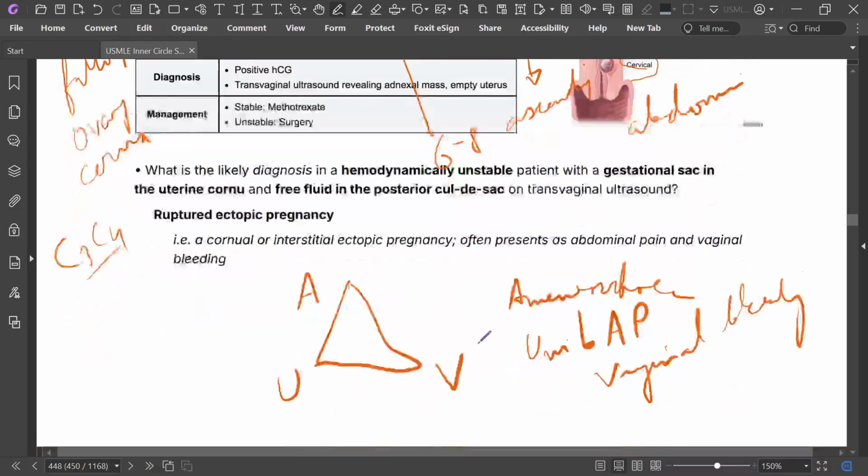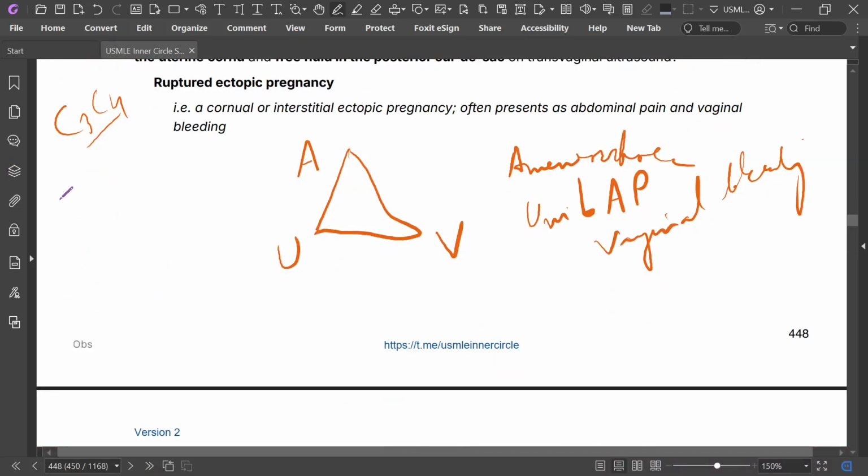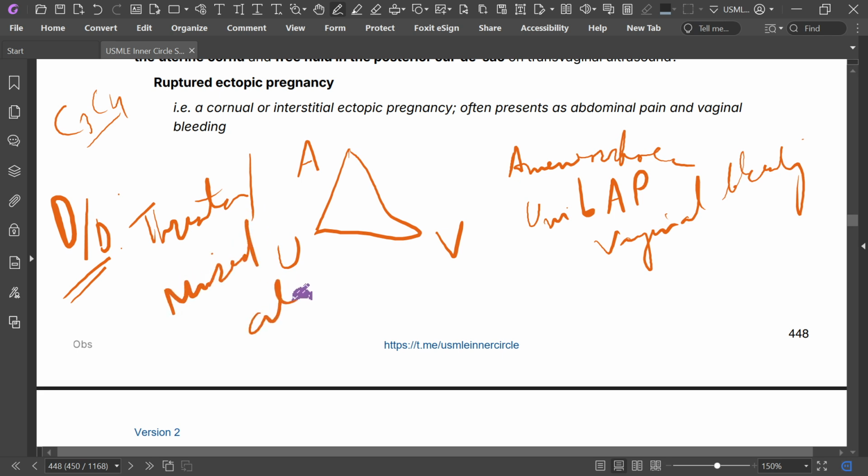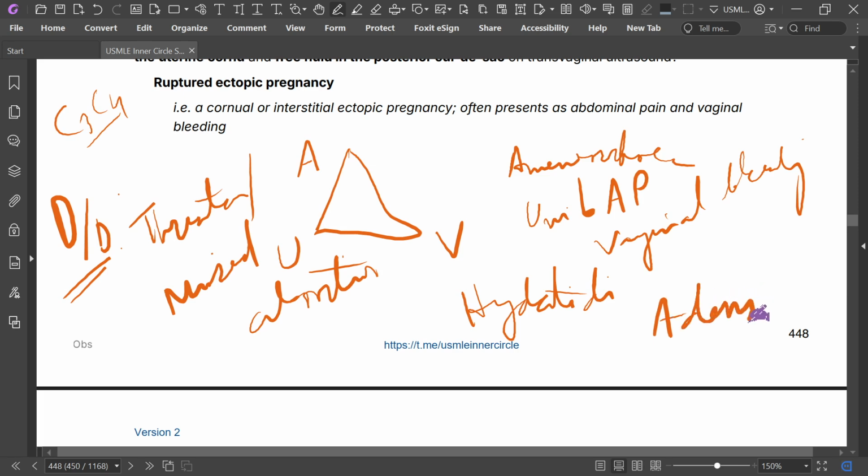If we find a case of ectopic pregnancy, what should be our DDs? One is threatened or missed abortion. Second is molar pregnancy, like gestational trophoblastic disease. There may be adnexal pathology, and non-gynecologic causes like acute appendicitis, diverticulitis, and kidney injury.